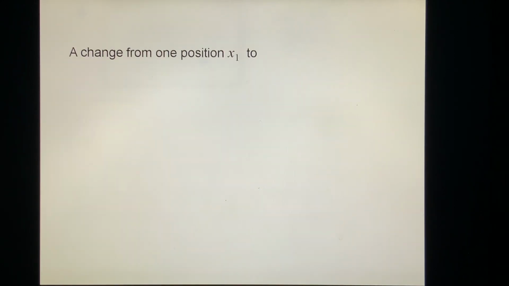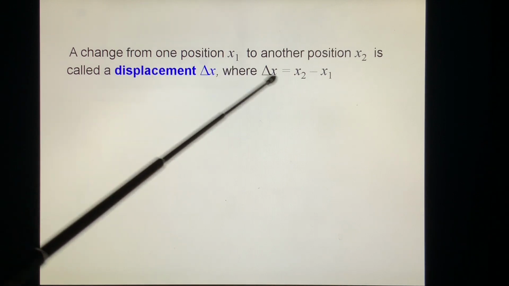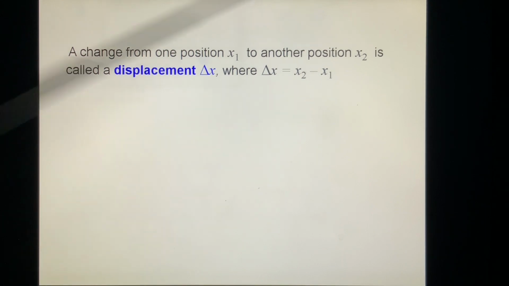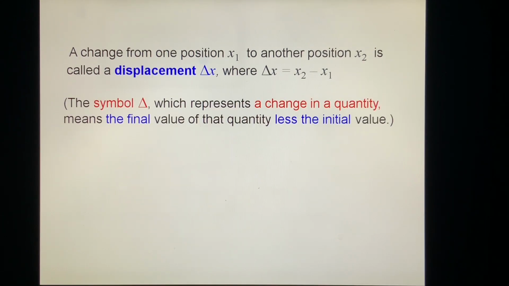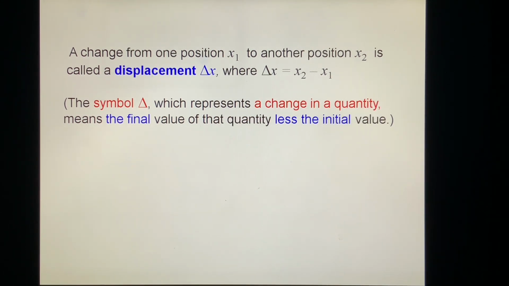A change from one position x1 to another position x2 is called a displacement, delta x, where delta x equals x2 minus x1, the final minus initial. The symbol delta, which represents a change in a quantity, means the final value of that quantity less the initial value.